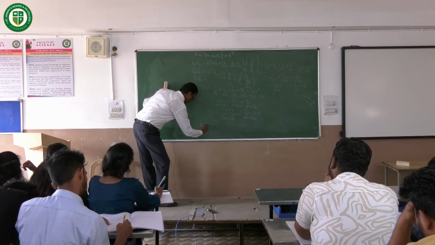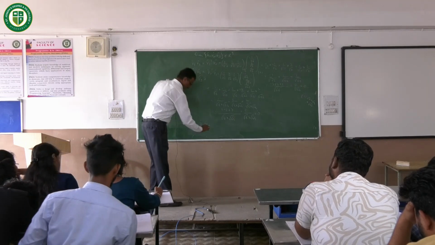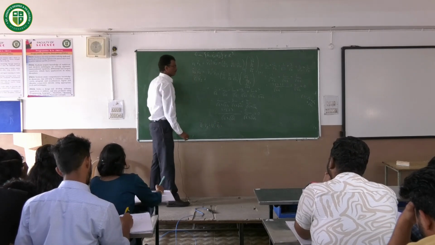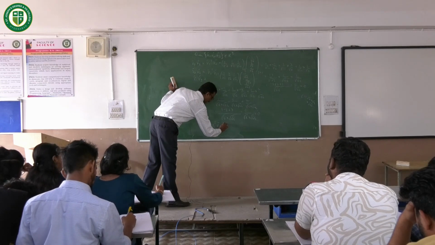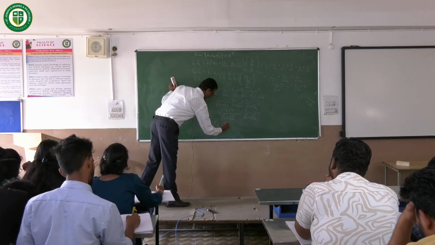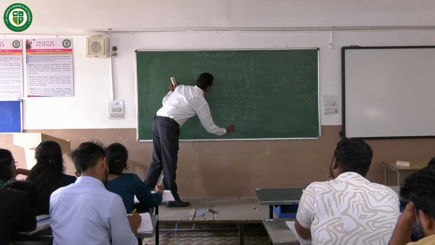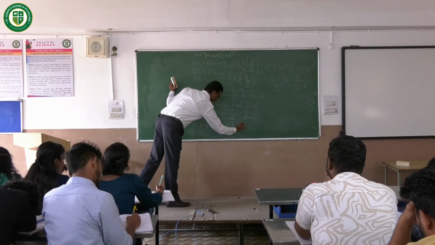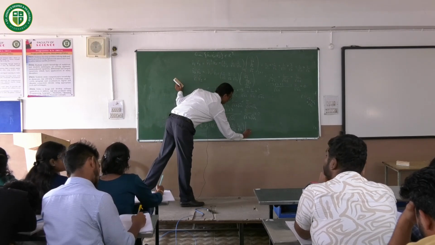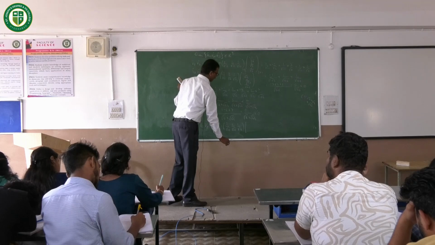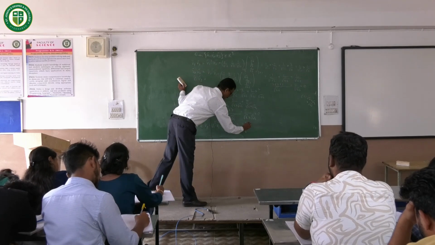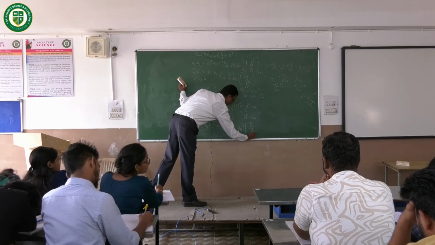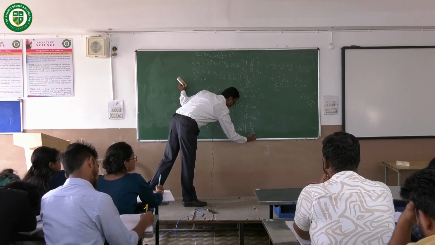V1 bar into V3 bar. So V1 bar transpose into V3 bar is equal to, V1 bar transpose, what do I write? V1 bar is 3 by root 11, 1 by root 11, 1 by root 11, into V3 bar. What is V3 bar here? V3 is minus 1 by root 66, minus 4 by root 66, 7 by root 66.